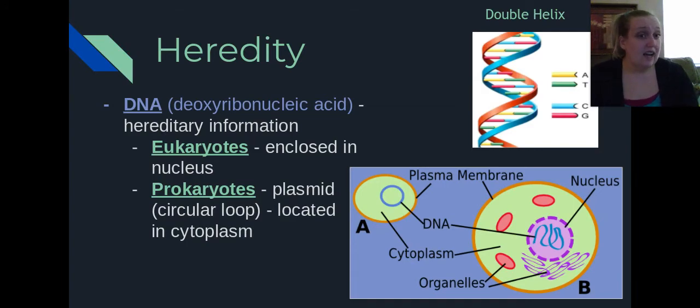So earlier, I did mention when I talked about plasmids that the plasmids are found in the cytoplasm. So we have a picture over here of a double helix. That is what DNA looks like. It is a twisted ladder structure that's formed of 4 different molecules: adenine, thymine, cytosine, and guanine. DNA is something that we'll talk more about later in the semester and second semester.